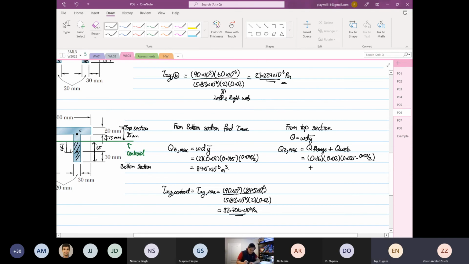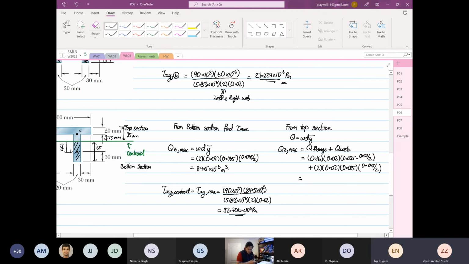Over here, the width is twice left and right, so the width is 0.02. The depth is 0.015, multiplied by the centroid divided by 2.